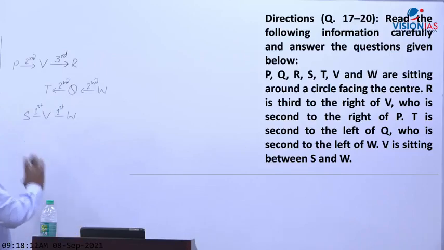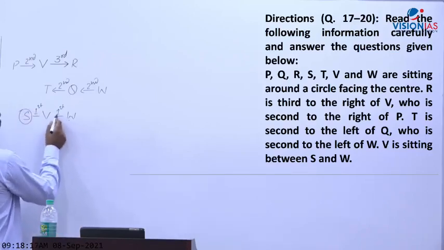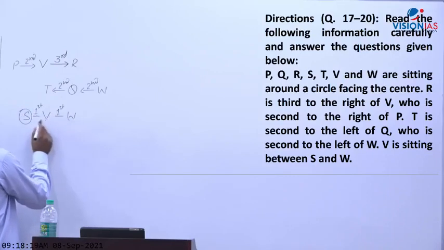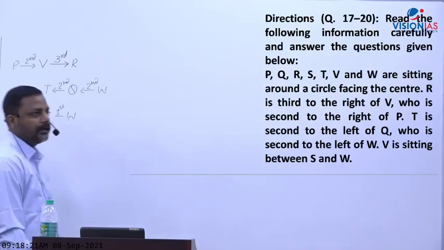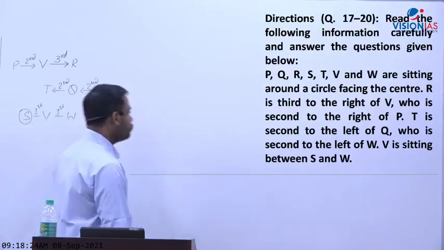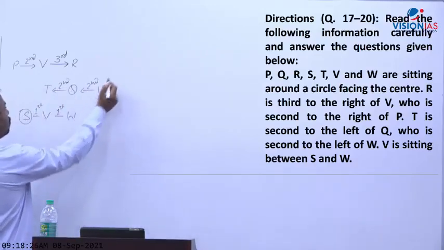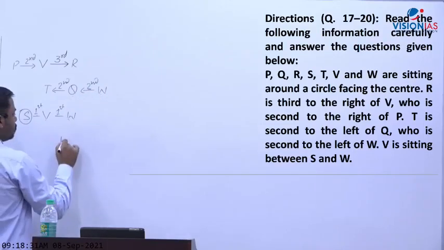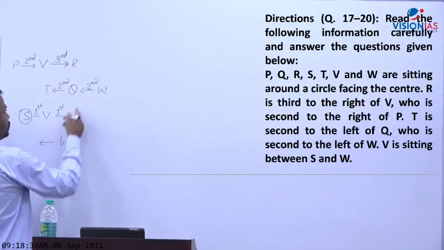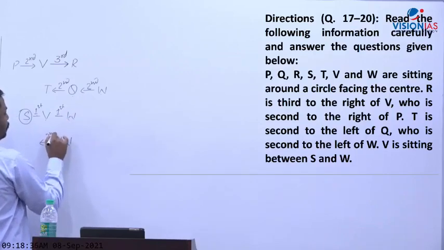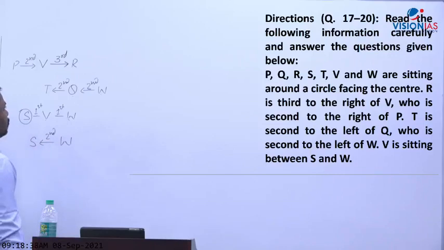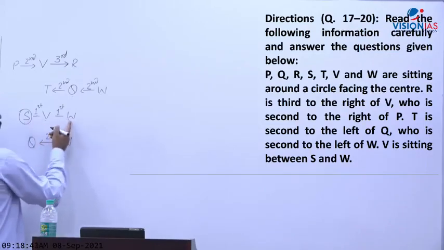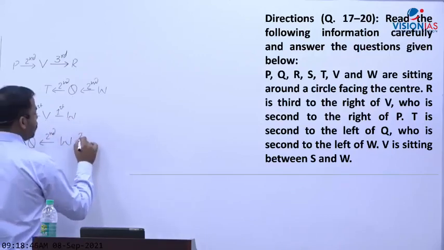So from this set of information we can easily see that S is at 1 plus 1, 2. Means S is at second place from W. And we also know that Q is also at the same position from W. If you club these two pieces of information, you will find that Q is second to the left of W, and on the second place S is also there.